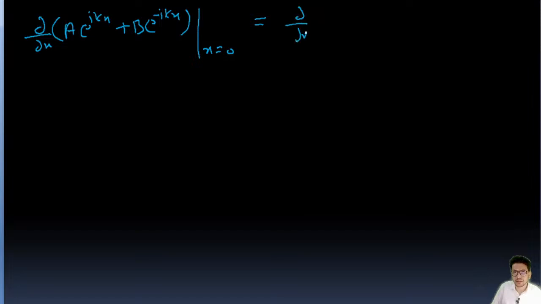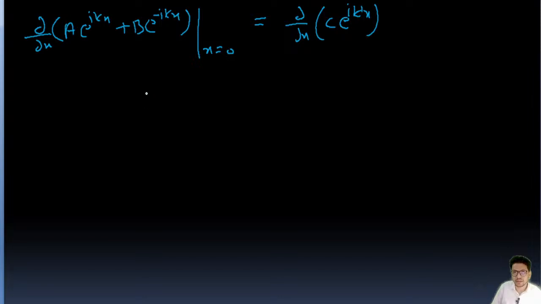This is del upon del x of a e to the power iota kx plus b e to the power minus iota kx at x equal to 0, equal to del upon del x of c e to the power iota k dash x.